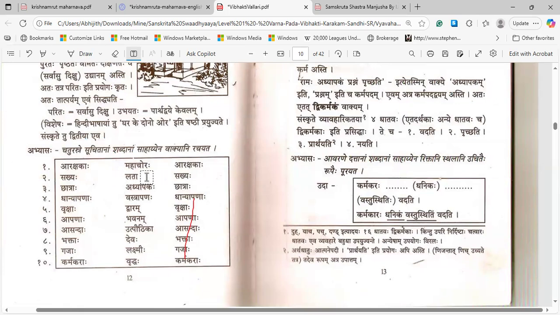Second one. Latam Ubhayataha Sakhyaha Santi. Correct. Next. अध्यापकः उभयतः छात्राः सन्ति. But Dvitiya Vibhakti? Which one? अध्यापकम् उभयतः छात्राः सन्ति. Very good. Next. वस्त्रापणम् उभयतः धान्या आपणाः सन्ति.